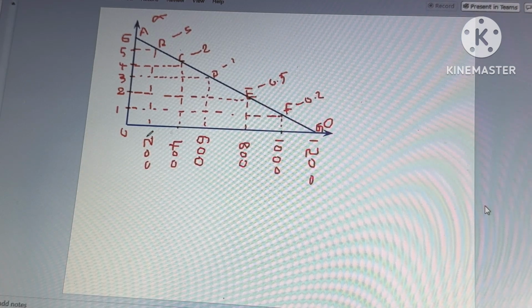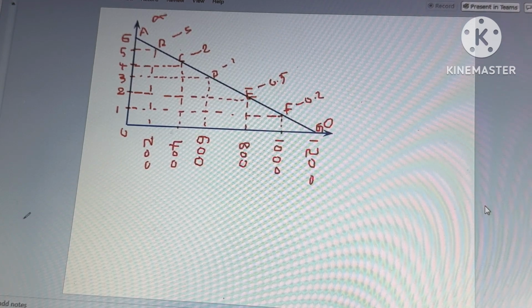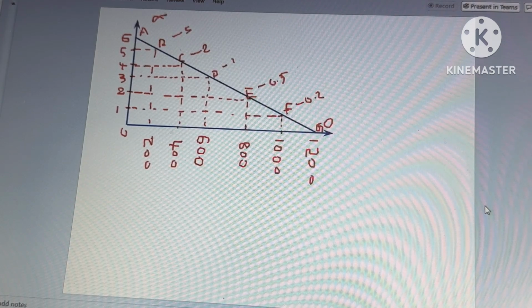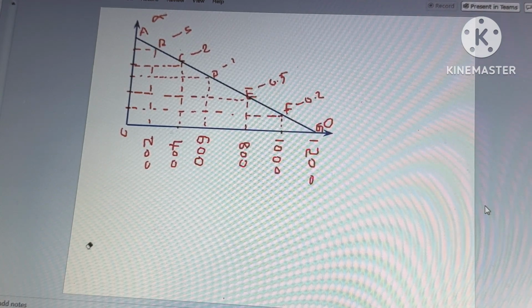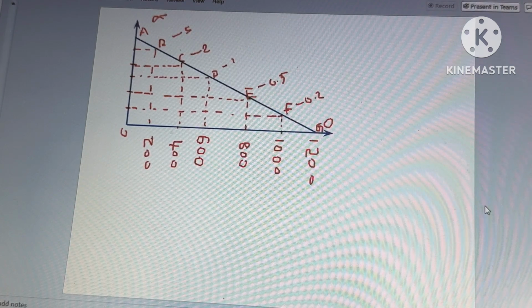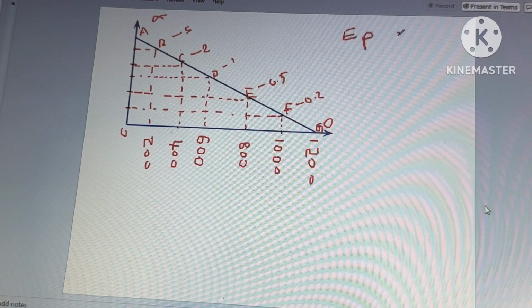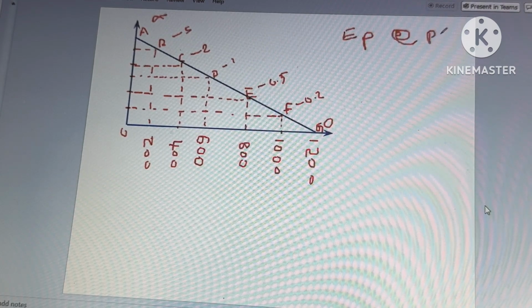I'm going to tell you another method of taking the elasticity. Suppose that we don't have this price information. I'm deleting all the price information. But I'm asking you to calculate EP. EP means price elasticity at point A. How can we get it?